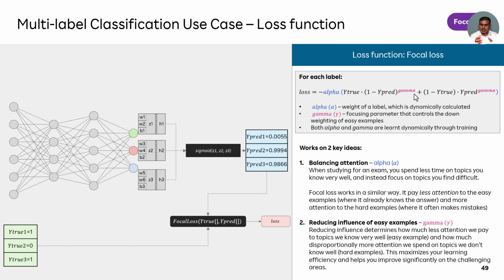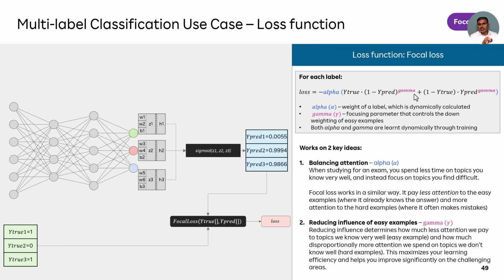If you go back to the labeling use case for our neural networks, you don't completely ignore those labels that are prevalent in your data set. You do pay attention to them, but you reduce the influence of those examples or labels. So that's what your focal loss function does.